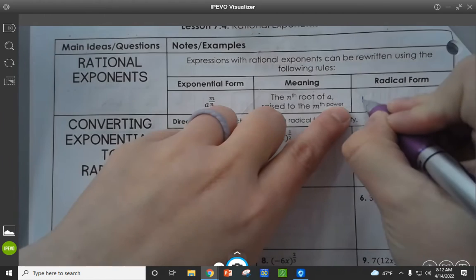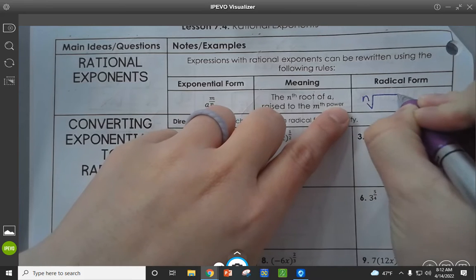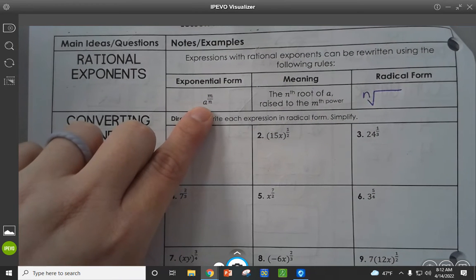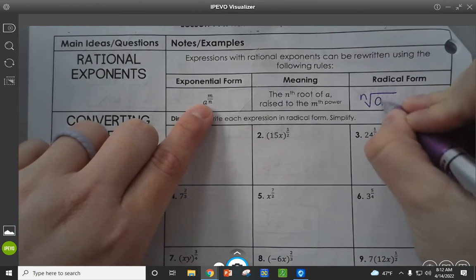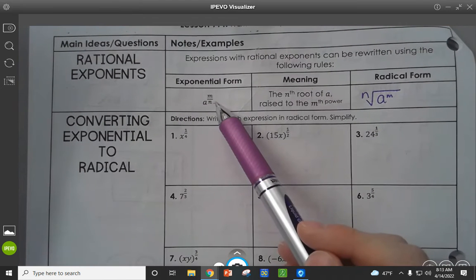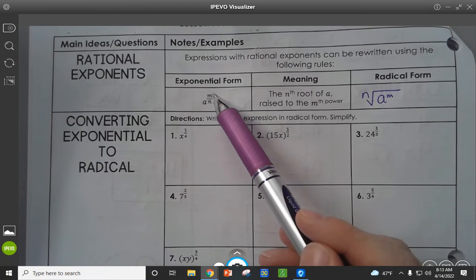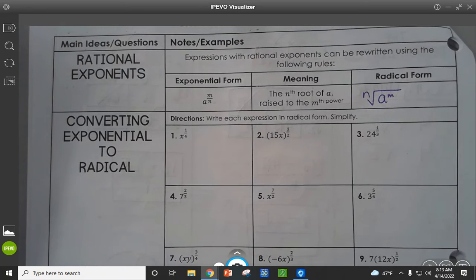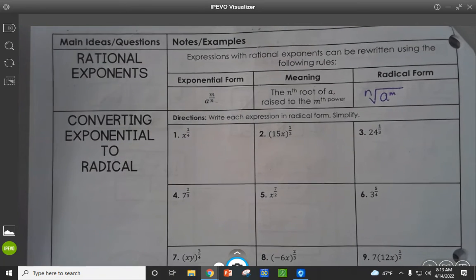So it's the nth root of a raised to the m power. So the number on the bottom is the root that it is. The number on the top is the exponent that a has.